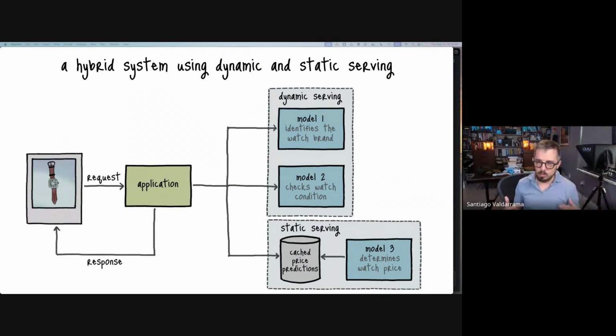So what do you think? Can that be done using static serving, or should that be done using dynamic serving? Who wants to give this a try?